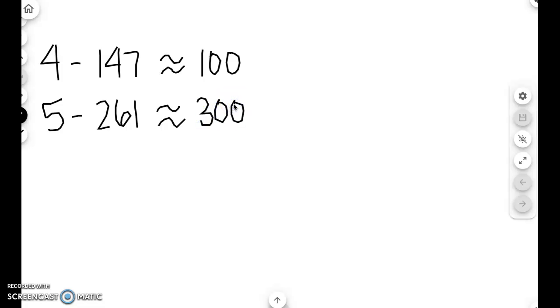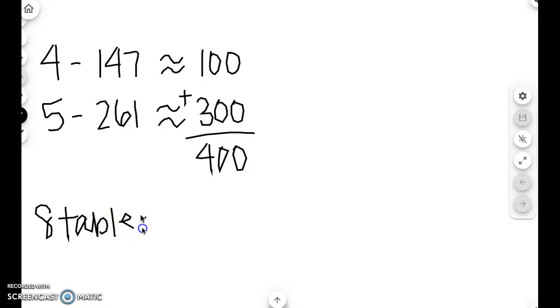We need to figure out how many students there are altogether, so we would add those two numbers up, and that's going to give us 400. Okay? From the 400, now I know that they need to be seated at 8 tables. Okay? 8 tables is rounded to 10.